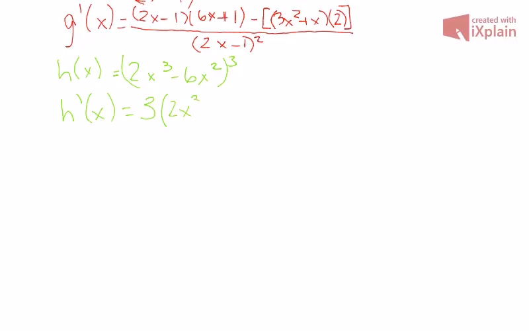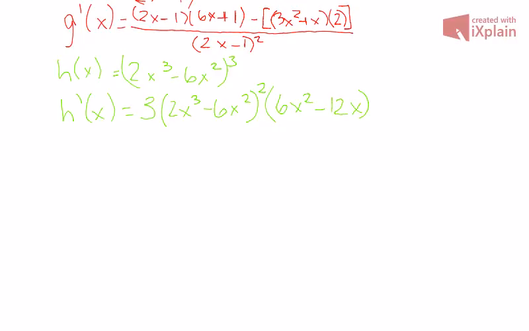Leave what's inside the parentheses the same. And then subtract 1 from your power, so that's 2. Now we also need to multiply it by the derivative of what's on the inside. So the derivative of 2x cubed minus 6x squared is just going to be 6x squared minus 12x. That's the derivative of h of x.